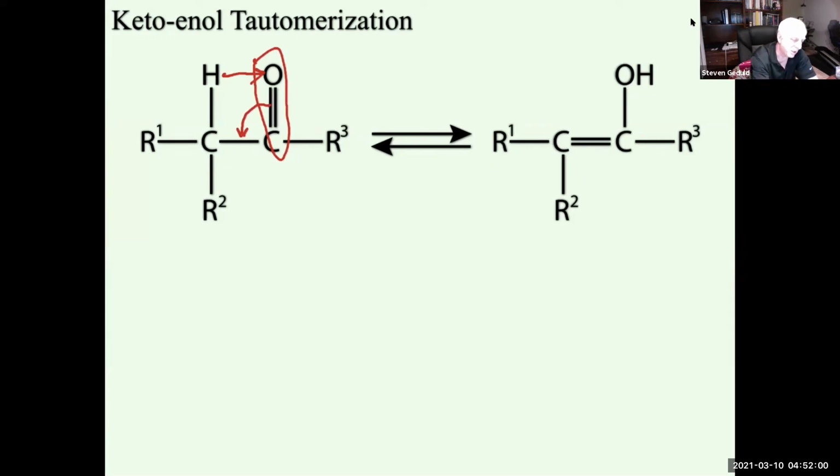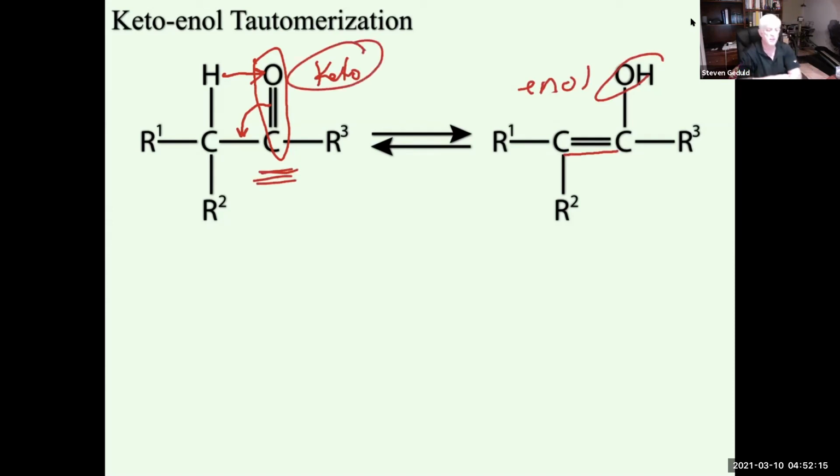So this is your ketone, and this is your enol. Because there's your 'ene' double bond, and your 'ol' is your alcohol. The keto is the more stable form. But it's a tautomerization. It's an isomer. Same thing, you're just moving the bonds, and you're moving one of the elements.